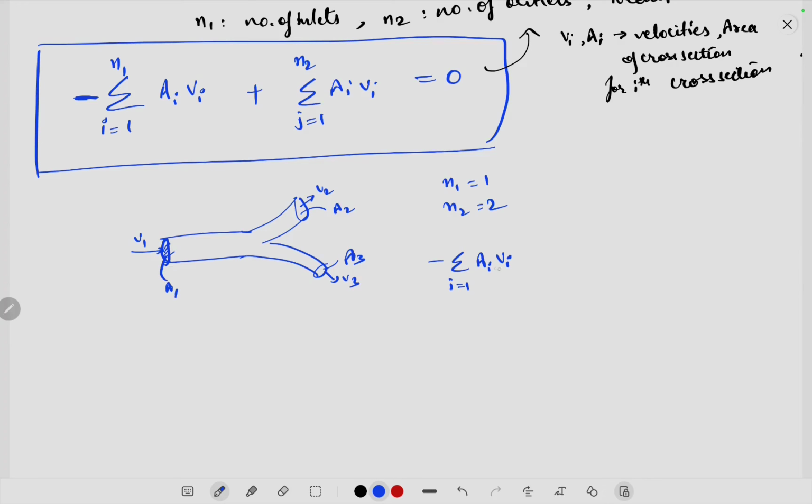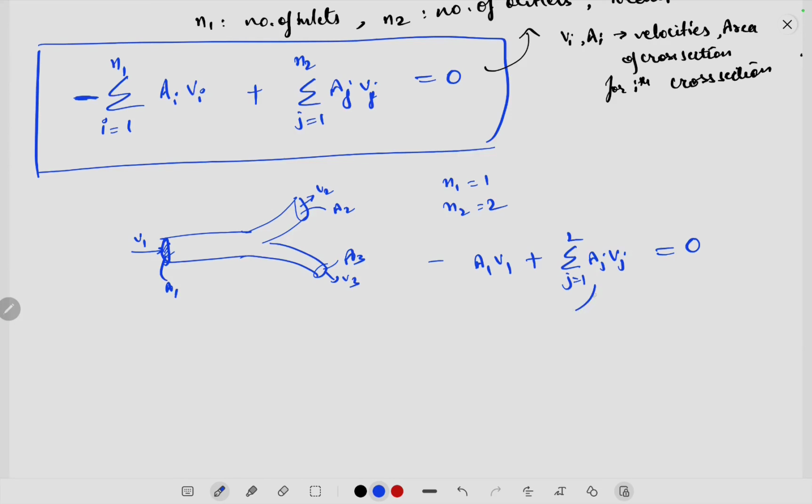What is the area? Area here is a1. What is the velocity? Velocity of fluid is v1, plus summation j is equal to 1 to 2, since there are two outlets, aj vj equal to 0.